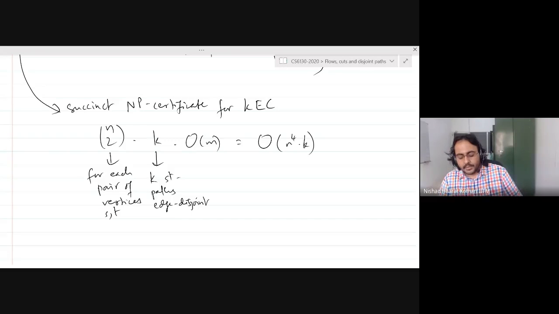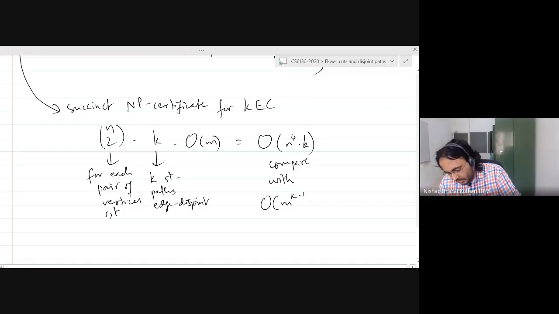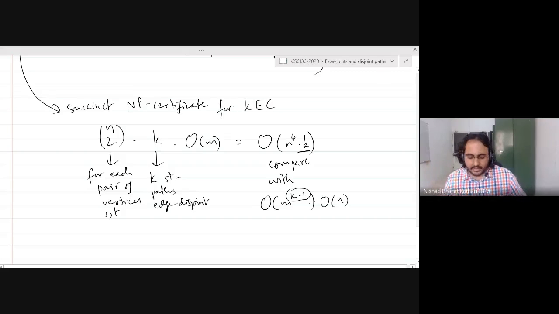This is much better than our previous certificate, which was order m to the power k minus 1 times order m, something like this. You have a spanning tree for each, anyway, I'm not being super precise here. The point is just to compare the fact that this is in the exponent, while here it is just a linear factor, right?